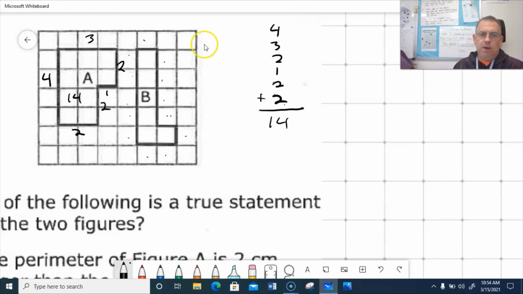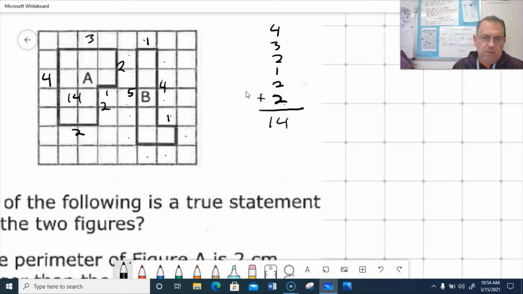So let's go ahead to polygon B. So it looks like we have 1, 2, 3, 4, 5. This side is 5. That side is 1. This side is 1, 2, 3, 4. That side is 4. This side is 1.